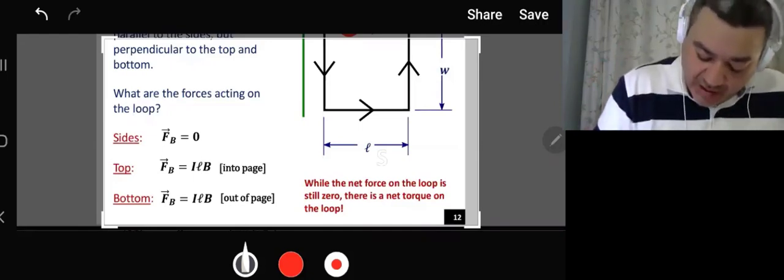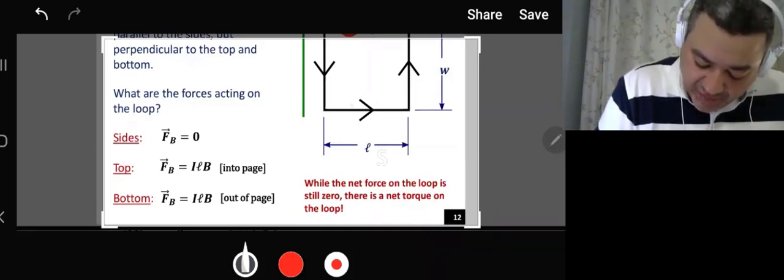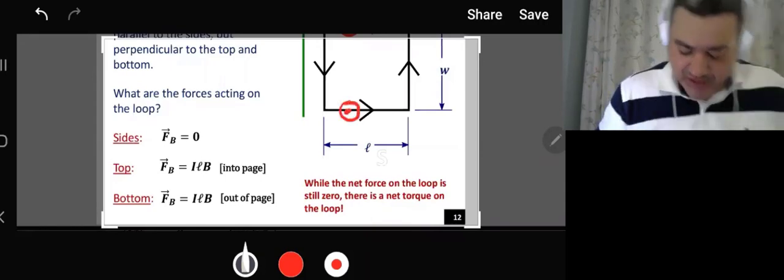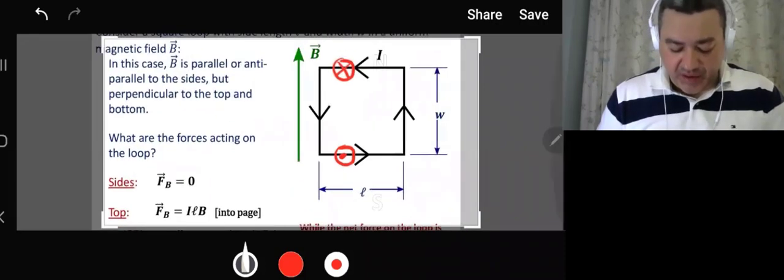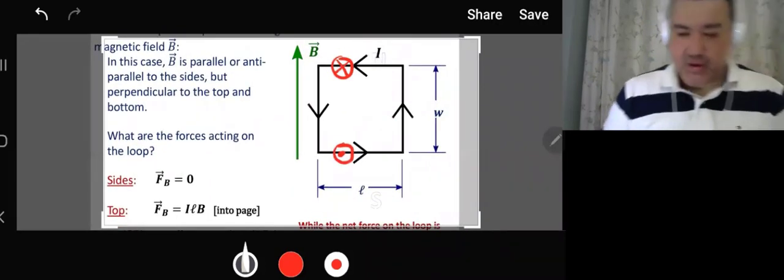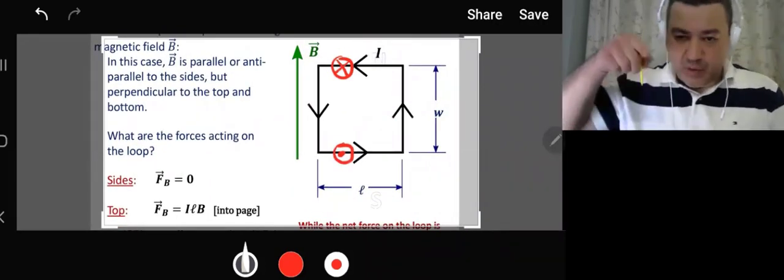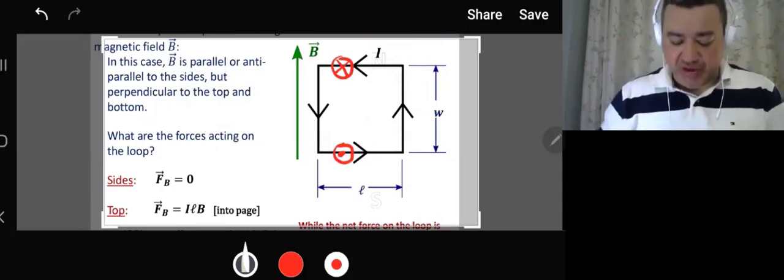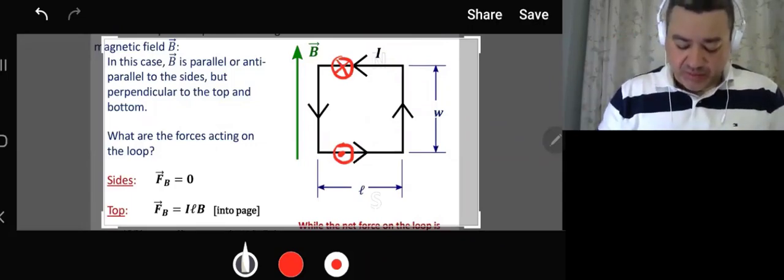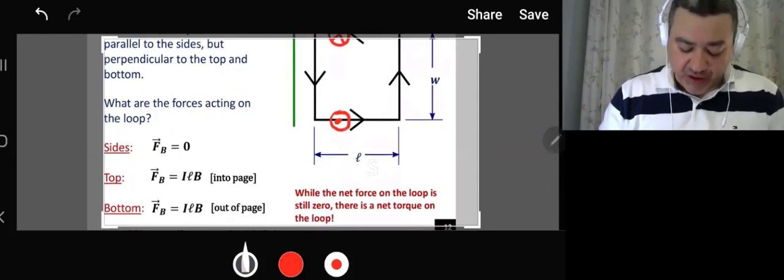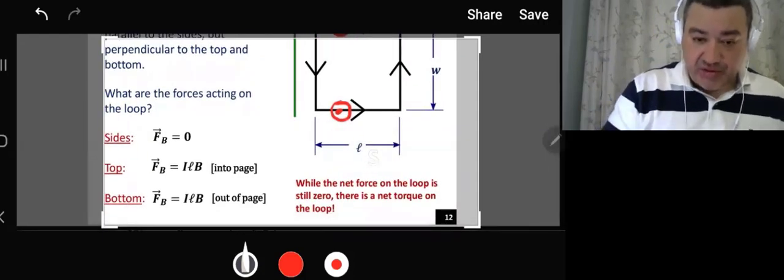That's why I can represent the magnetic force on this side by this. So I have the first force on the side pointing toward the screen, the bottom one on that side pointing out of the screen.